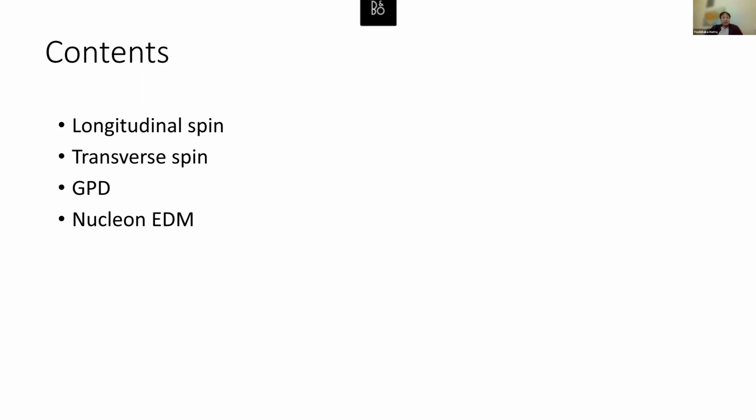It's about the nucleon electric dipole moment. And in fact, this has a deep connection to the proton spin problem, because the dipole moment must be proportional to the spin vector. So there is a connection, and I will suggest a new way to constrain the electric dipole moment of the nucleon from the measurement of high energy polarized scattering.